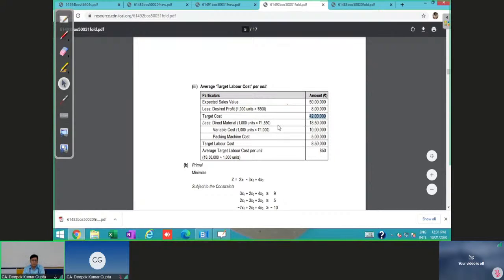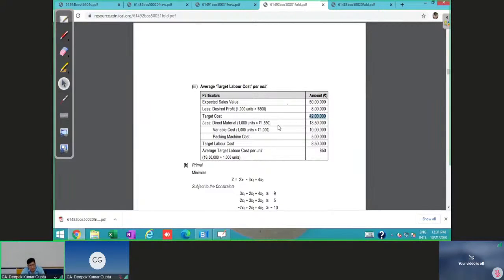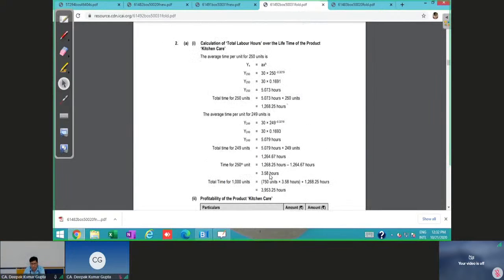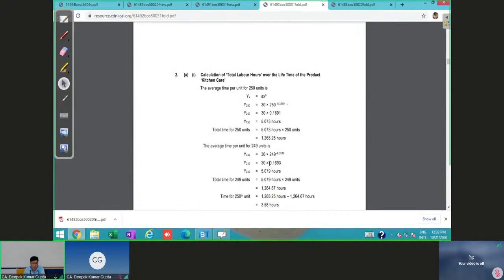Direct material 1000 units at the rate 1850. Variable cost as usual, 1000 into 1000. Packing machine cost as usual. Target cost I have to achieve is 8,50,000 for the units. Average target cost per unit is rupees 850. This is a good question. That's why I have tried to explain.